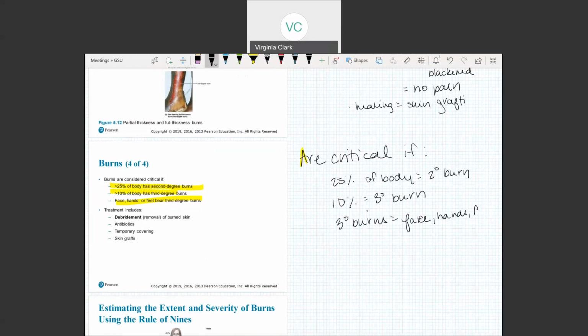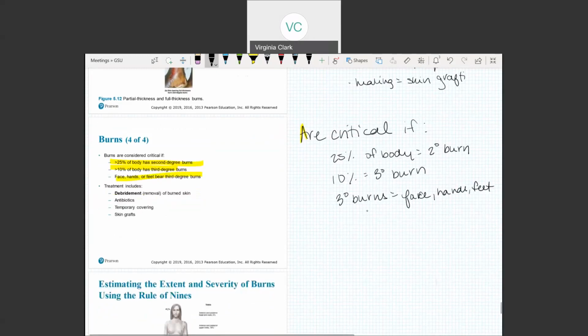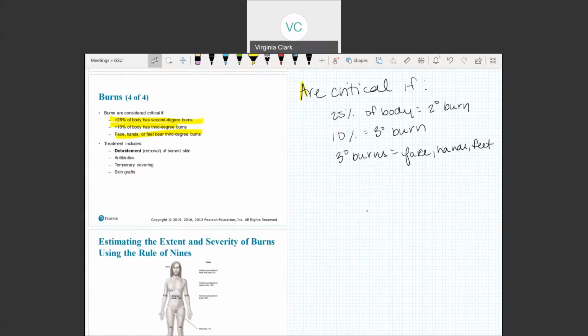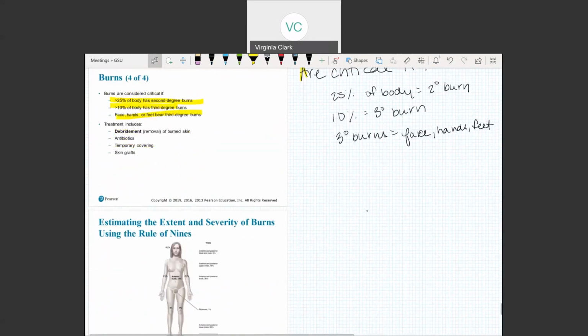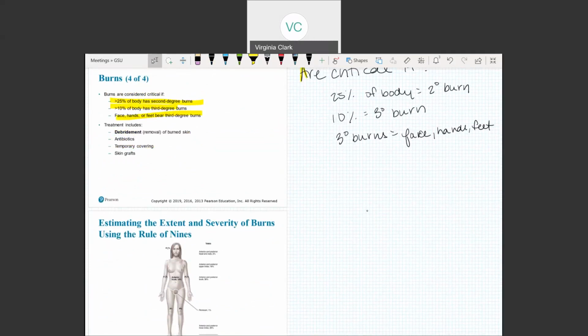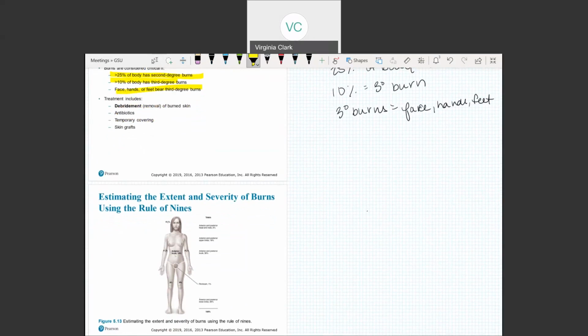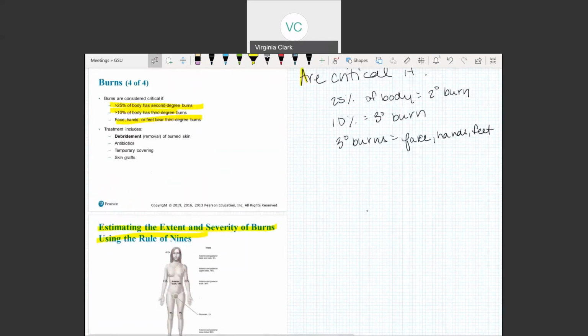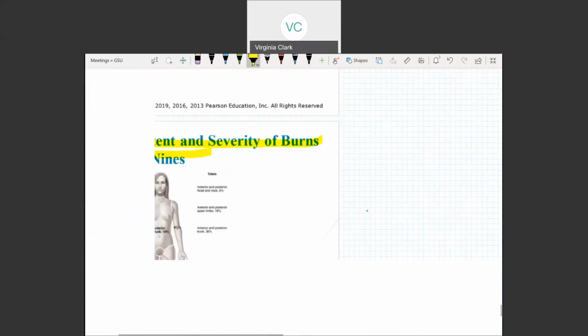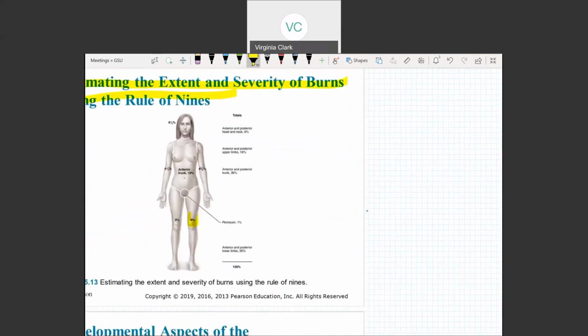So if 25% of my body is in second degree burns, 10% of my body is in third degree burn, or I've got third degree burns on my face, hands, and feet, this is where the rule of nines and the severity of my burns come into play. So if we said 10% of my body was in a third degree burn, that means it could be this one leg and part of my torso.